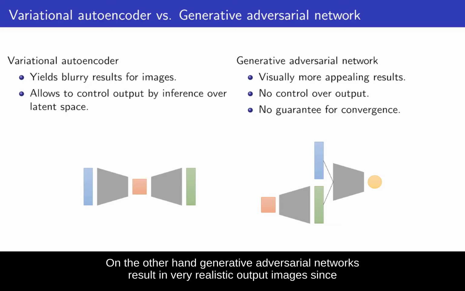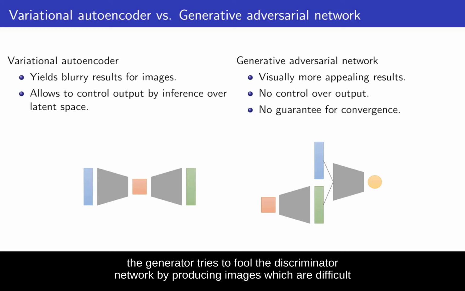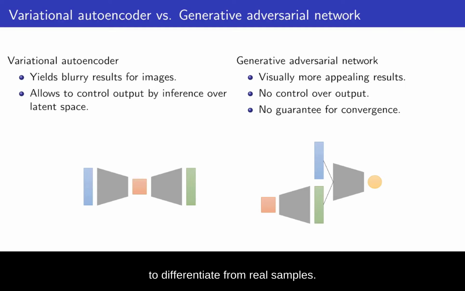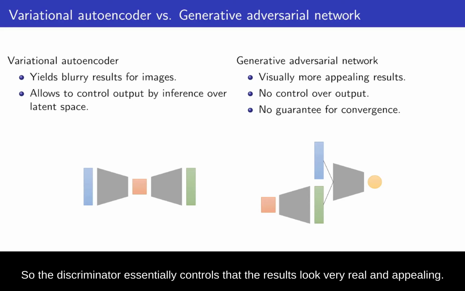On the other hand, generative adversarial networks result in very realistic output images since the generator tries to fool the discriminator network by producing images which are difficult to differentiate from real samples. So the discriminator essentially ensures that the results look very real and appealing.